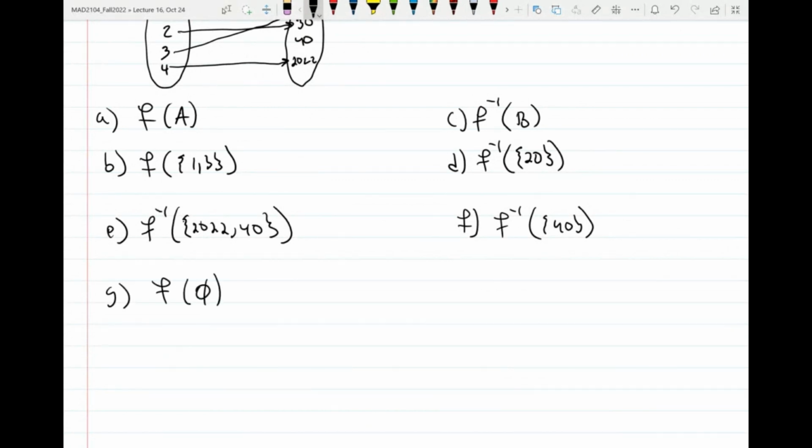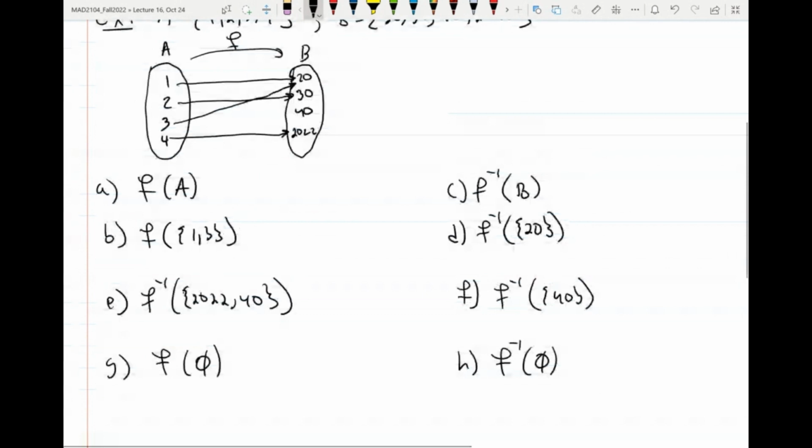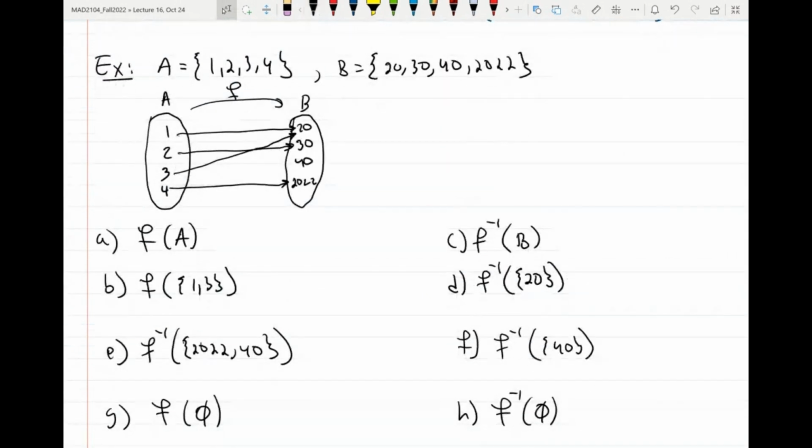What is the image of the empty set? And what's the inverse image of the empty set? The empty set is a subset of every set, so I can ask you what's the image of the empty set and what's the inverse image of the empty set. All right, so let's answer these things, and hopefully these ideas of image and inverse image stick, okay?